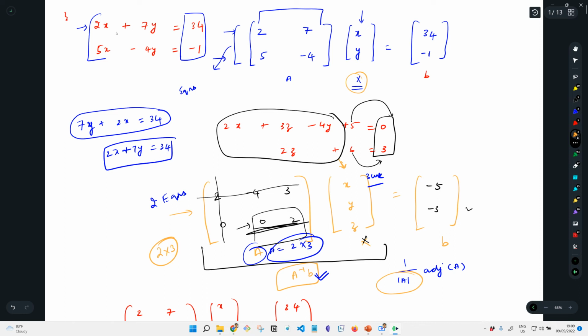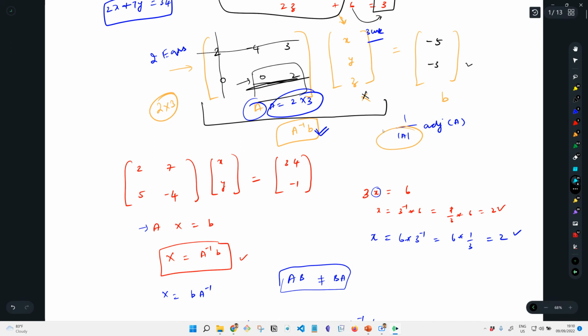Now we saw that a given system of linear equations can be represented in matrix format, Ax equal to b. From this we saw that we can obtain the solution to x by left multiplying A inverse on both LHS and RHS.